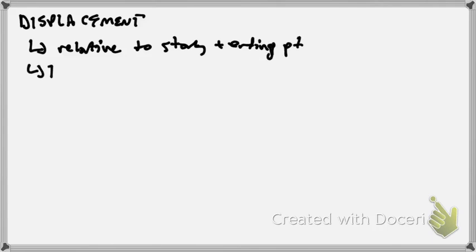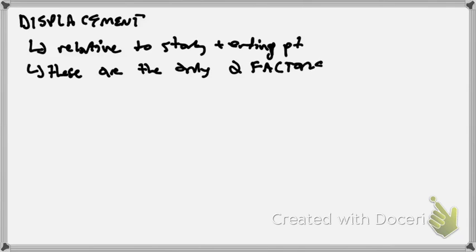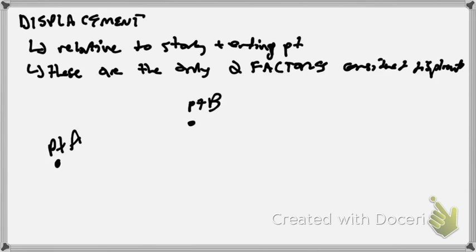So these are the only two factors considered in displacement. So if you go from point A to point B, that is the only thing that matters when considering displacement, okay?